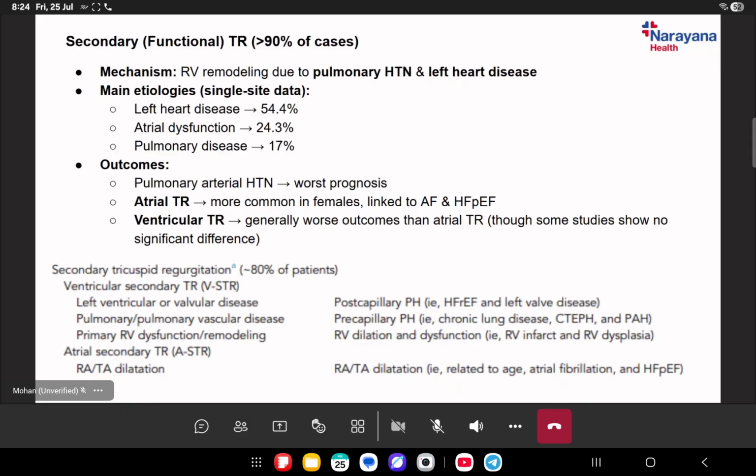Also, when you describe a little more of the surgical techniques, one of the original techniques was the annuloplasty which is bicuspidization, where the posterior leaflet is obliterated by many methods.